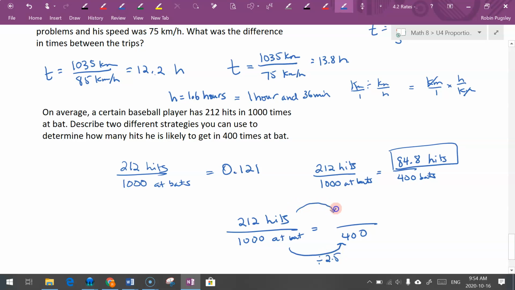So whatever I do to the bottom, I do to the top. So I could take my 212 and divide it by 2.5 and I get the same answer, which makes sense because they're equivalent fractions. So you could create a unit rate and then multiply by what you want, or you could find out what you're multiplying or dividing by and do the same to the top and the bottom.